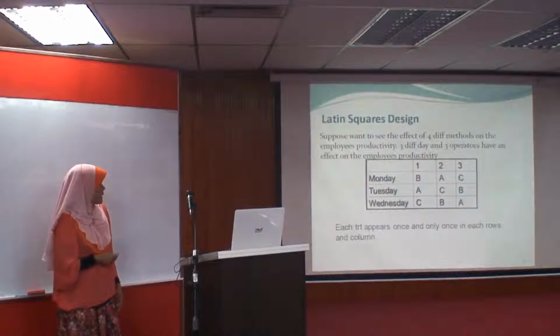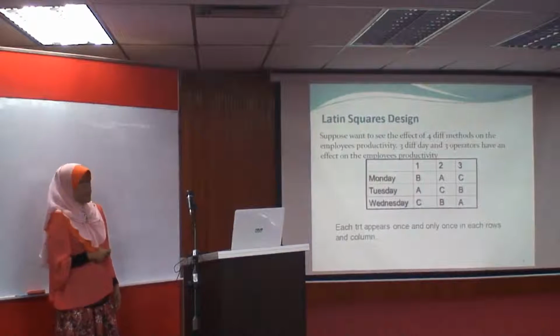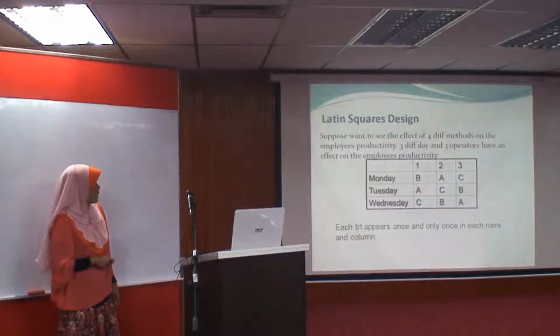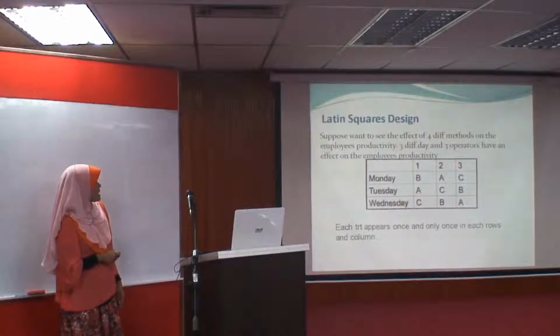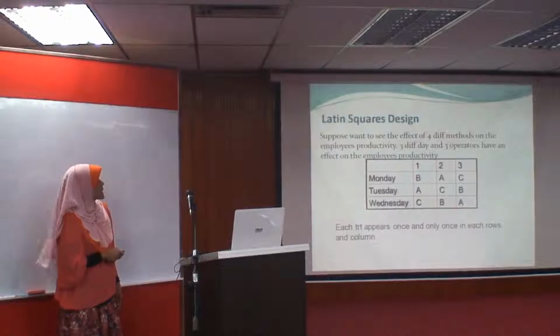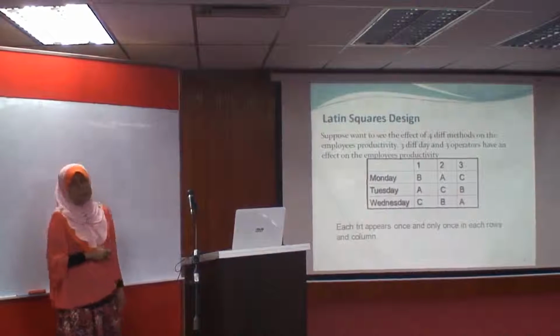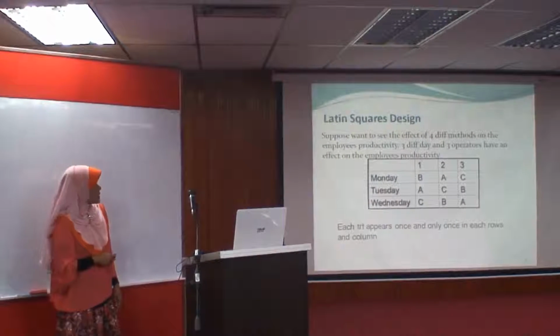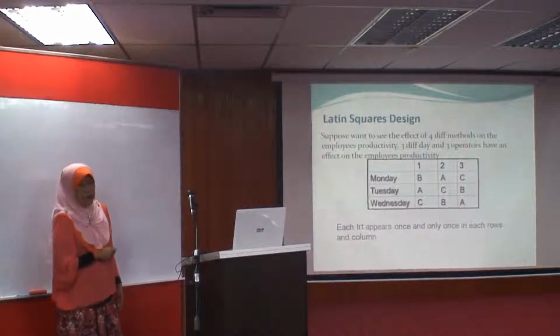So you see from here, we have 3 days and 3 operators. Meaning, there's a mistake here. Actually, you want to see the effect of 3 different methods on the employees' productivity. So since we have 3 treatments, we need 3 days and 3 operators.